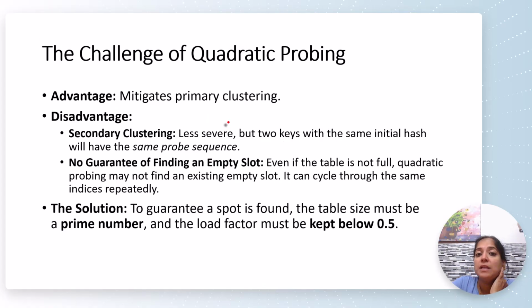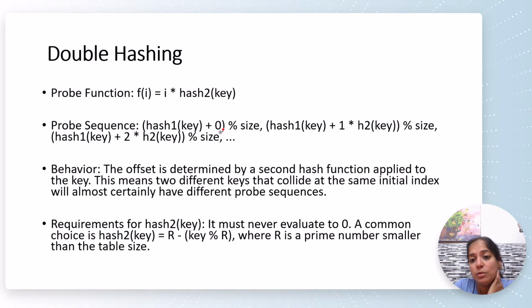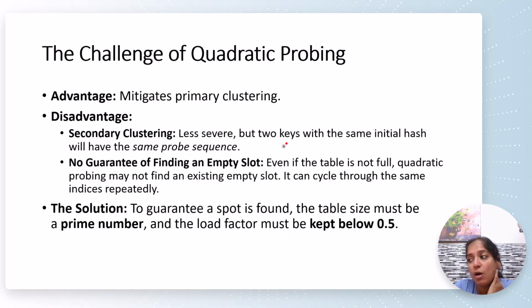Now, the challenges of quadratic probing. It mitigates the problem of primary clusters, but secondary clusters may be there, because again you use the same hash function and always get the same indexes.